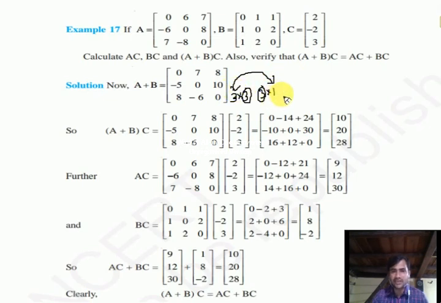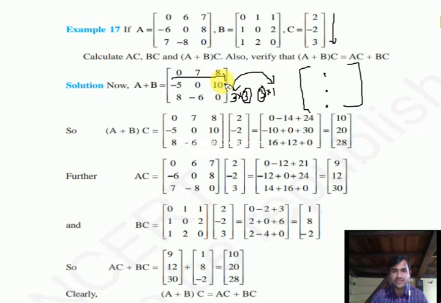Therefore, in the required matrix, you need 3 rows and 1 column. So first row, second row, third row it is. Now, which position is it? First row, first column. You need to choose first row from A plus B and first column. In fact in that C you have only one column, no problem.